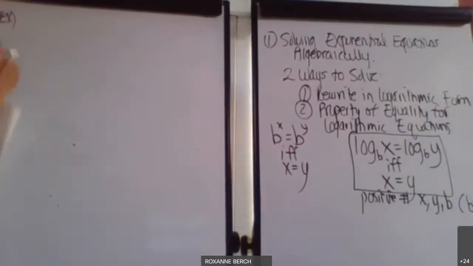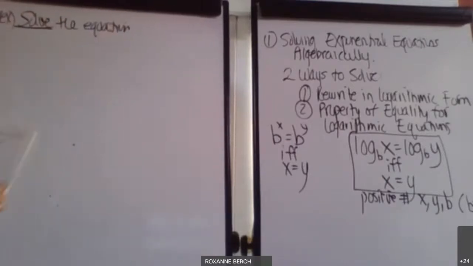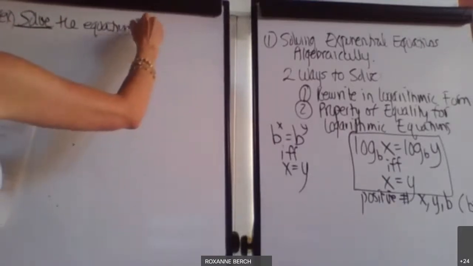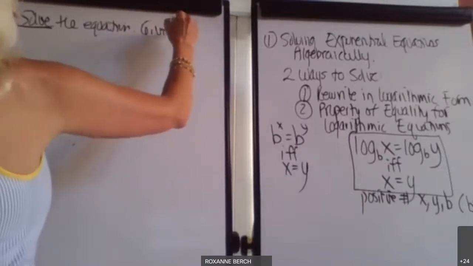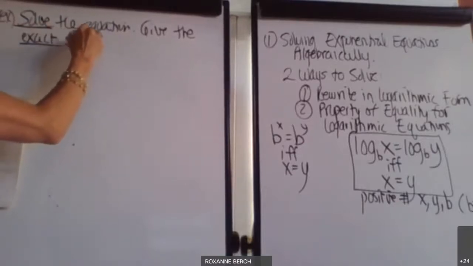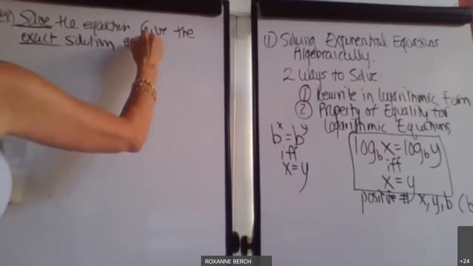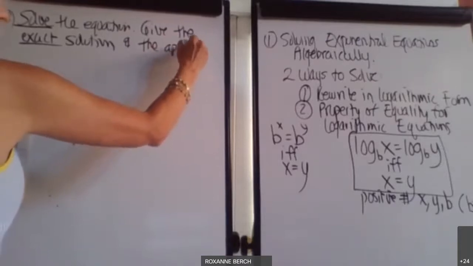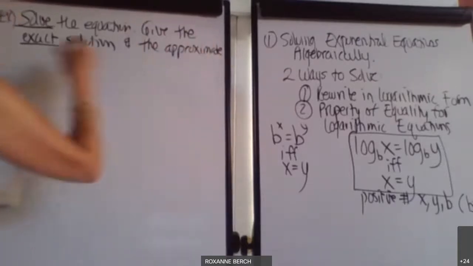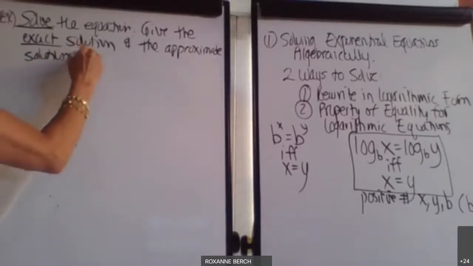All right. So it'll say solve the equation. Solve means find the variable. And it'll say give the exact solution and the approximate solution to 3 decimal places.